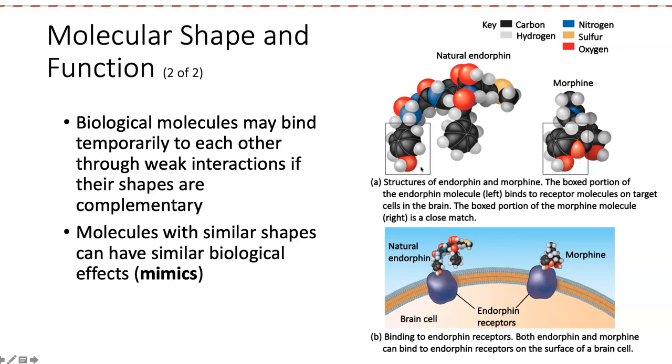Two oxygen atoms, and the endorphin only has one oxygen atom in that binding site. But it's close enough, so morphine can also bind to the natural endorphin receptors, and they bind pretty strongly, and they send similar signals into the brain. We call morphine a mimic. A mimic is anything that has a similar shape to a natural chemical in your body.